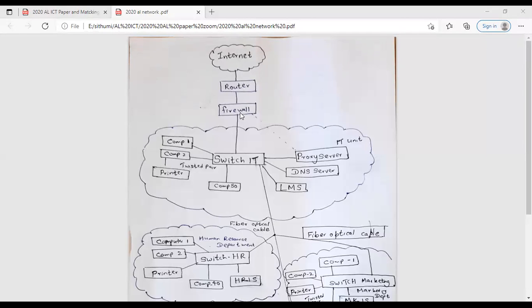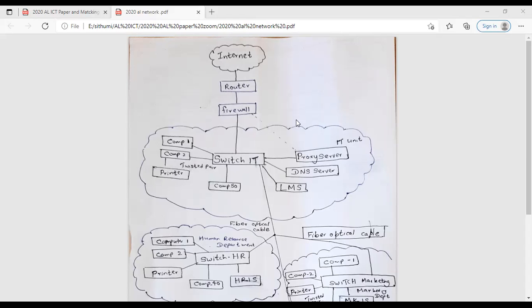First you draw the internet and the router, and there is the firewall between the router and the IT switch. The main switch is the IT switch, and there are computers and the printer. It says there are 50 computers, and it is needed to connect the proxy, the DNS server and LMS.